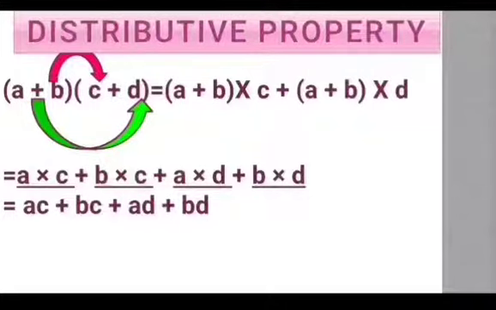A will multiply with D, and now in this step we may count that we have 4 terms. As you all are aware, the terms are separated with the symbol of plus or minus. After solving it, we get AC plus BC plus AD plus BD.